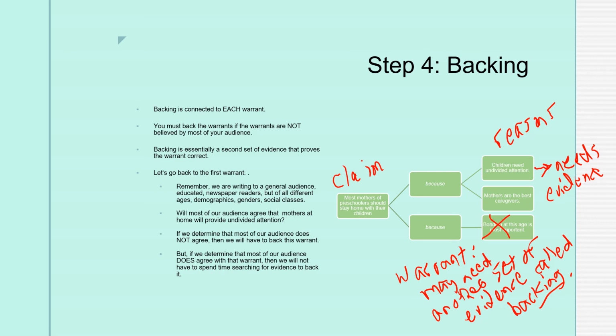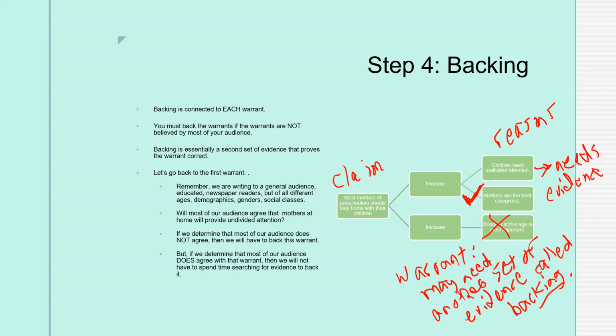So there is a certain segment of the audience, particularly mothers who work and who like to work, who would not say that mothers at home are the best caregivers. So this one, we would have to not only get the evidence that mothers are the best caregivers, which we'll need evidence for that, but mothers at home are the best caregivers, we'd likely need another set of evidence for that.